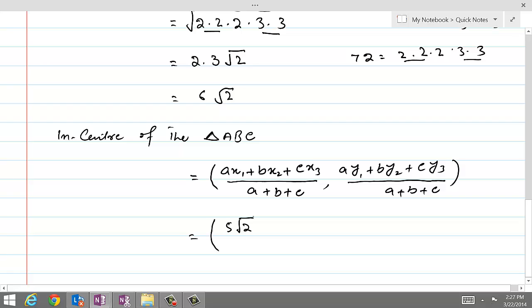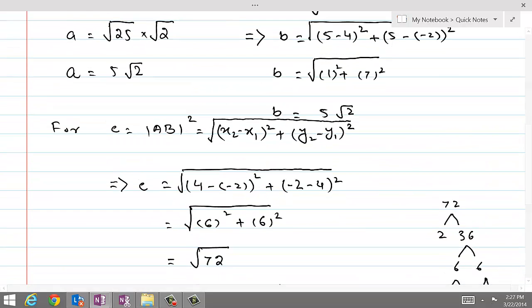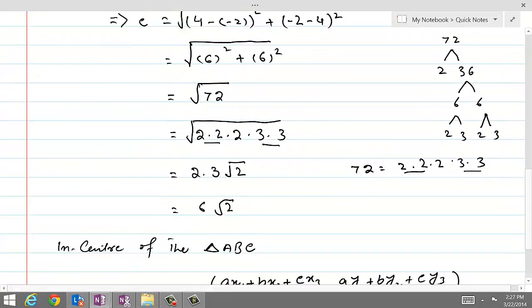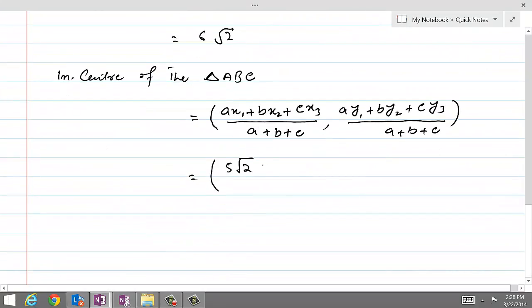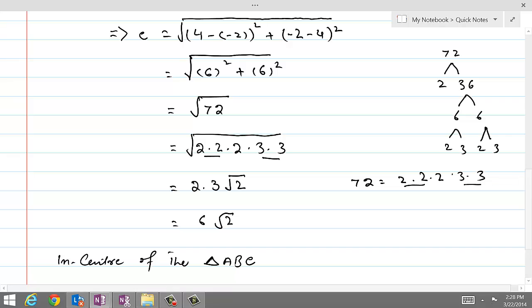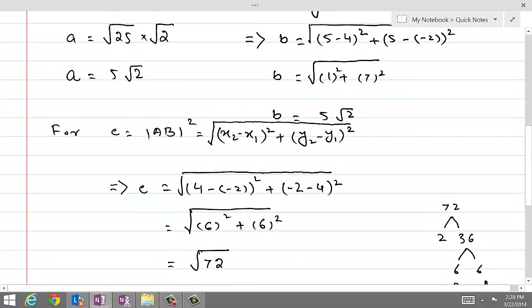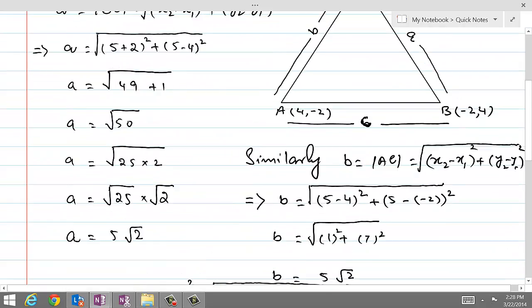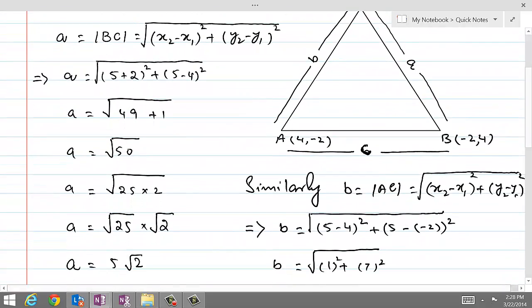And what is the value for x1? That is the x component of A, which is 4. So this is 4, plus b, what is the value for b? The value for b is the same, 5 times root 2, and x2 would be -2.